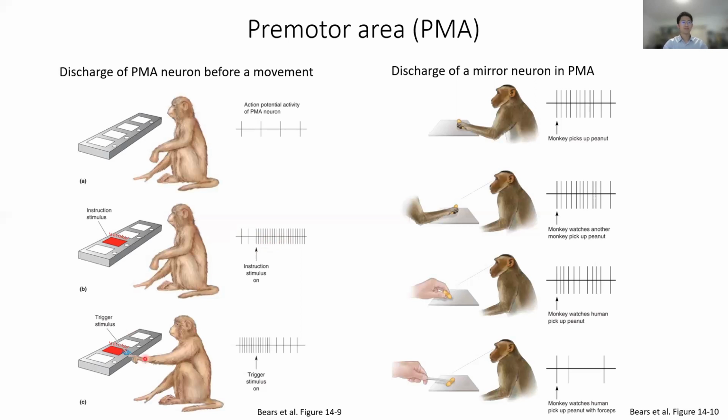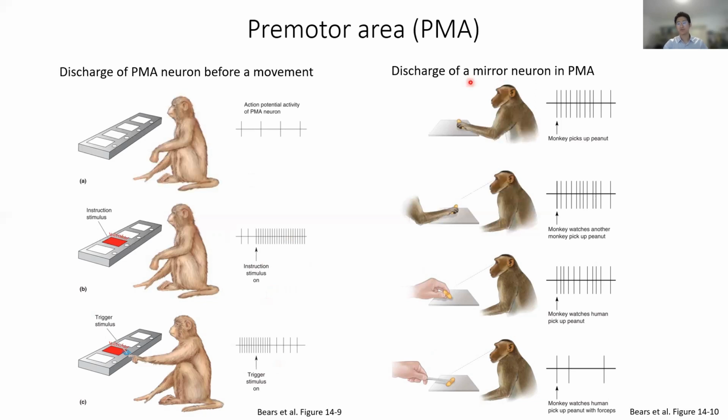But once the monkey produces a movement, this neuron becomes silent again. So this means this neuron in the premotor area is only active after the monkey has the intention to move and before the monkey actually executes the movement. That is the property of the neuron in the premotor area.